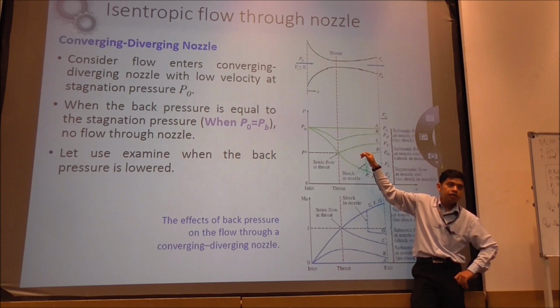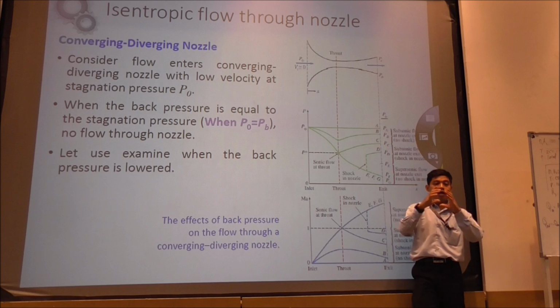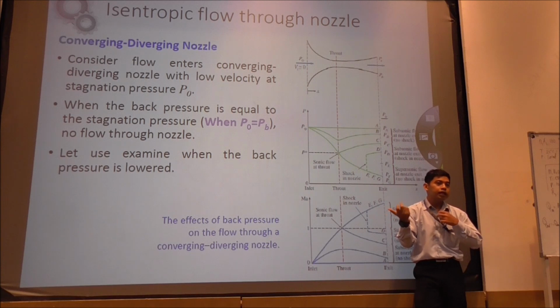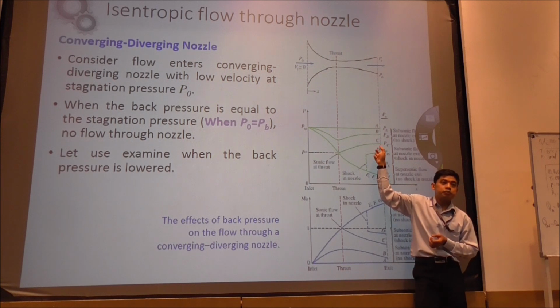When the pressure suddenly increases, you know that your velocity will suddenly decrease. Right? And it's even worse because you are already in a diverging area. When your pressure increases, your velocity will decrease rapidly. That's why at the end of the normal shock, you will have a subsonic flow.